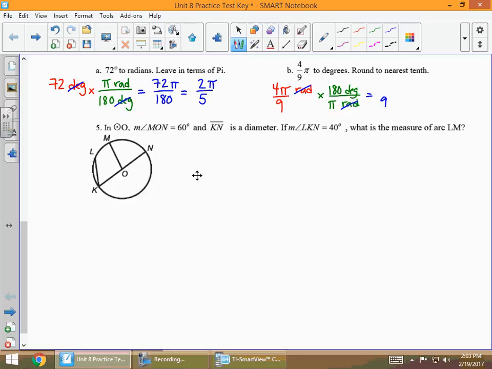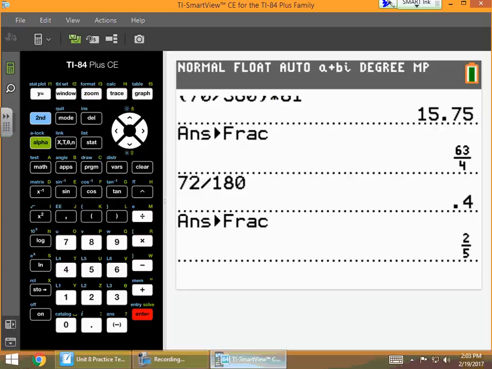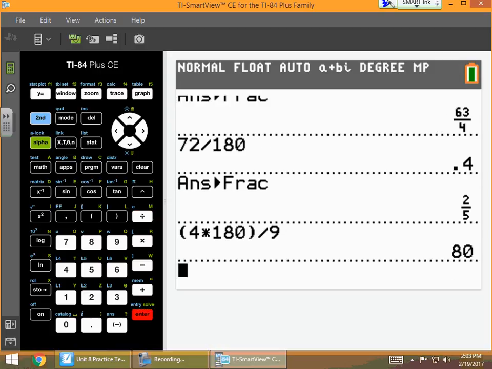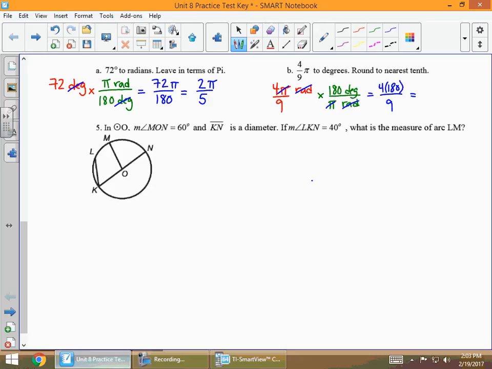Even better, I can cancel the pi's as well. So on the bottom I just have 9. On the top I have 4 times 180. And this will be in degrees. So 4 times 180 divided by 9 is 80. This is 80 degrees.